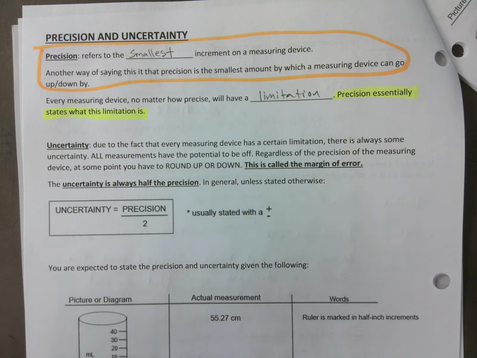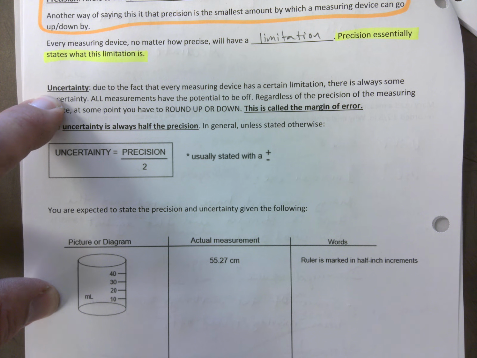Next, uncertainty, which is directly related to precision. What is uncertainty? It's not what you know in the English language. I'm a little uncertain whether or not I'm going to come to Mr. Dirkson's class tomorrow, right? It's not that. Uncertainty in this unit means something specific. Due to the fact that every measuring device has a limitation, there's always some uncertainty.